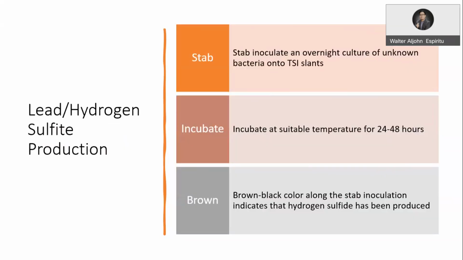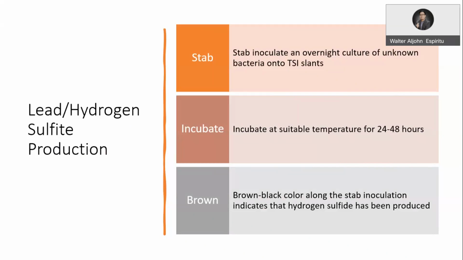And then for sulfur, you need to have a TSI agar, which contains sulfur. Technically you need to stab the agar with the unknown bacteria, and then incubate at suitable temperature for 24 to 48 hours.